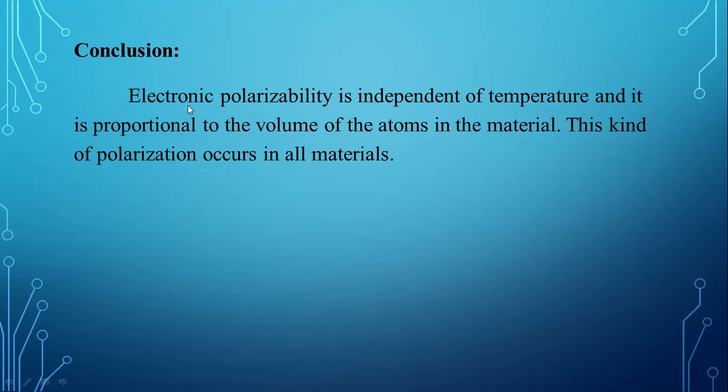The electronic polarizability is independent of temperature. There is no temperature term involved in the above equation, and it is proportional to the volume of the atom in the material. This kind of polarization occurs in all materials.